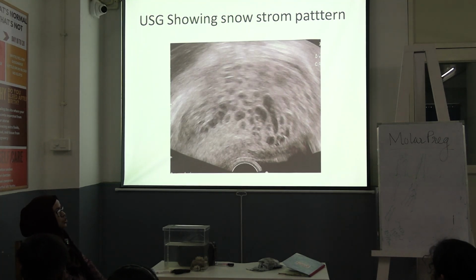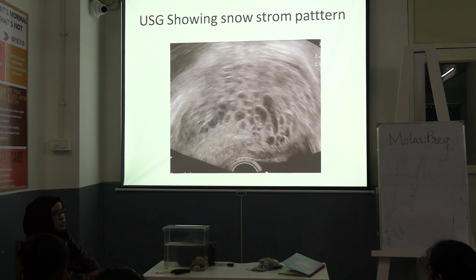If a case presents with bleeding PV, and you have diagnosed or confirmed it on ultrasound, investigation by beta HCG and history, that it is molar pregnancy, then you will straight away go for suction evacuation, not dilatation and evacuation. You normally don't use curettage, right? We don't normally use a sharp curette in this case.